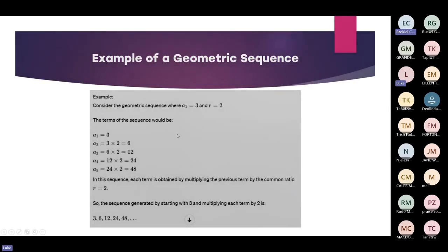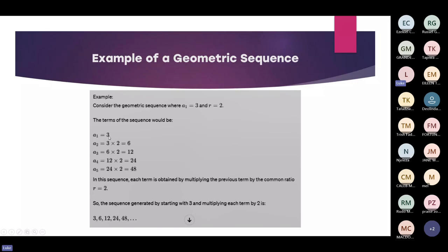Okay. All right. So I was just explaining, for example, if we consider the geometric sequence where a1 is 3 and the common ratio is 2, how do we find the other terms of the sequence? What we just have to understand very well is that a1 is representing the first term of the sequence, a2 the second, a3 the third, a4 the fourth, and a5 the fifth.